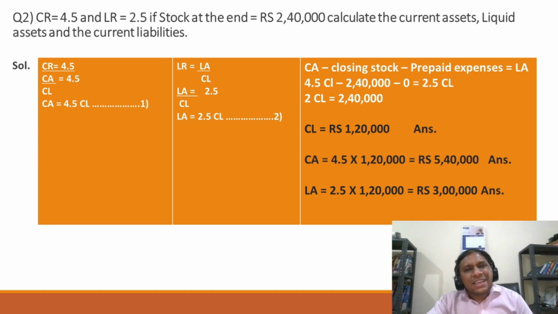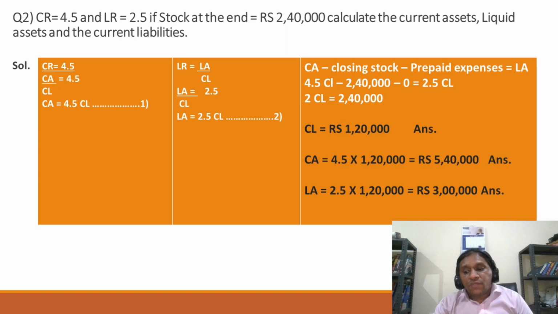Here the same question is there. The concept is used in the same manner, and in the same way all the three answers are computed here. See how the answers are highlighted, that is the important thing. So similarly, you need to solve this question, my dear children.